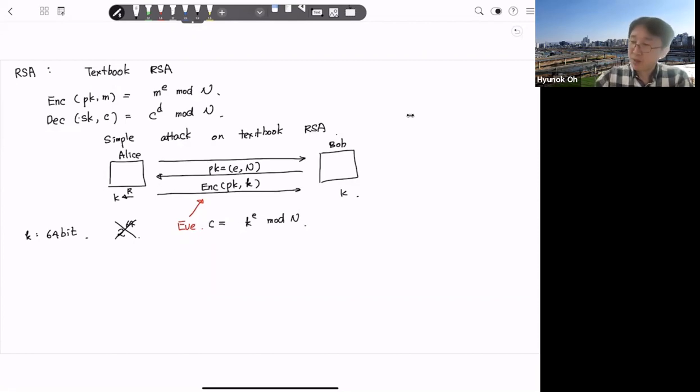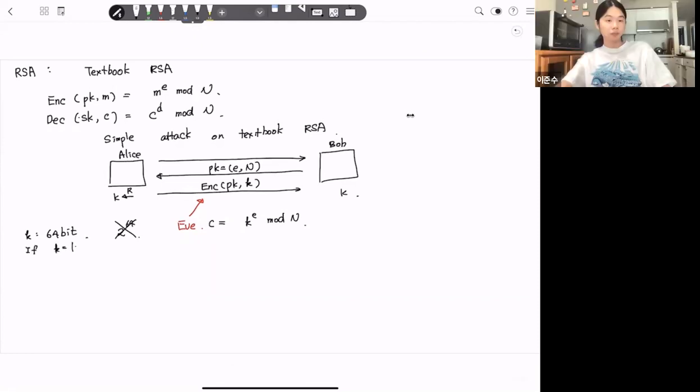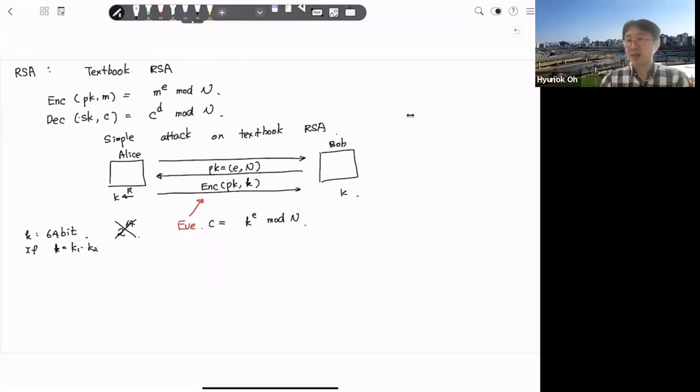Okay, let's assume that K is K1 times K2. Even if K is randomly chosen, K will be a composite number, right? The composite number is such that both factors are less than 2 to the 34.